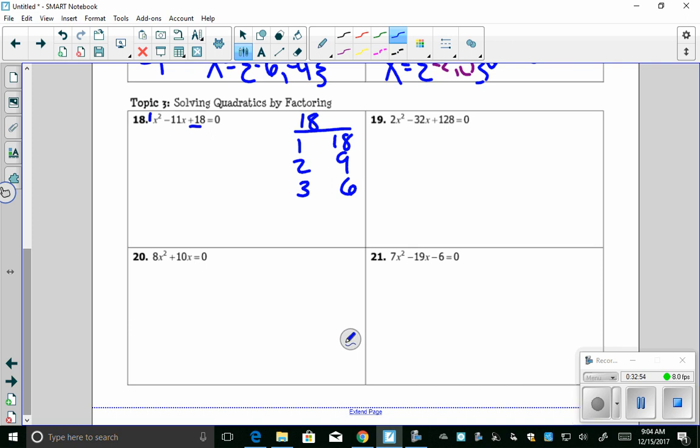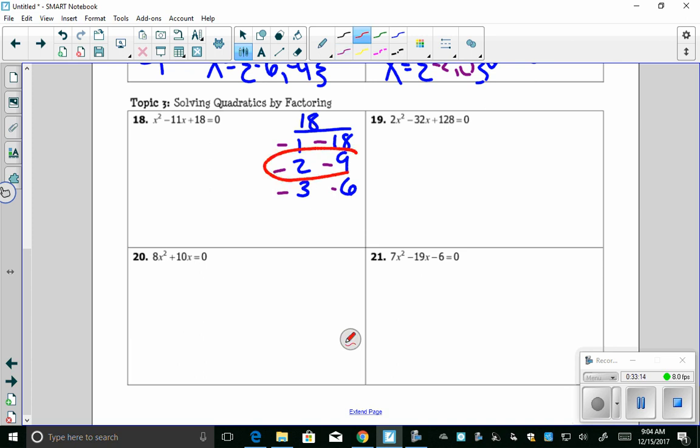Because it's a positive 18, all my signs are going to be the same. They take the sign of the middle number, so that means they're all going to be negative. Now ask yourself, which numbers will add to give me negative 11? Negative 9, negative 2. So it's going to be x minus 2 times x minus 9.